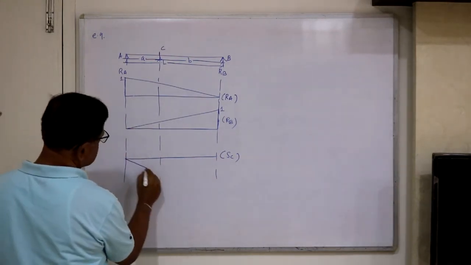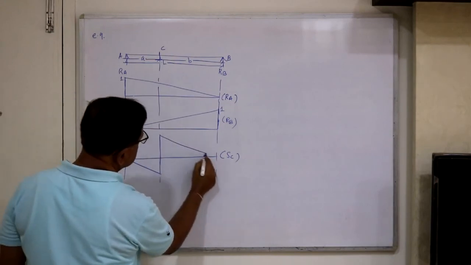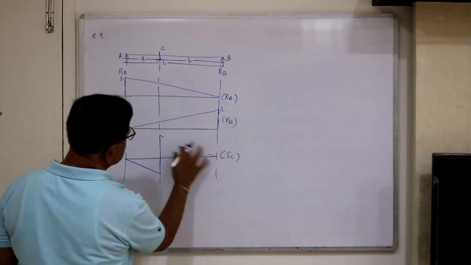The left is downward, the right is upward, and this should be linear.